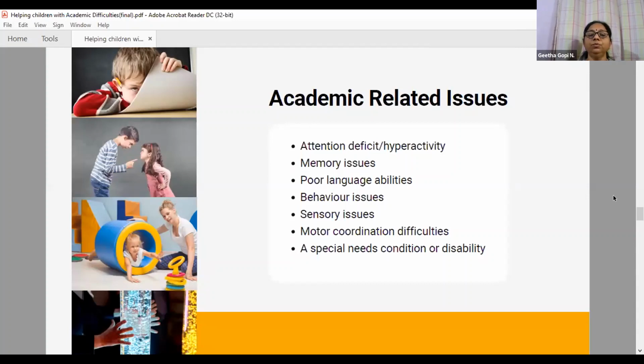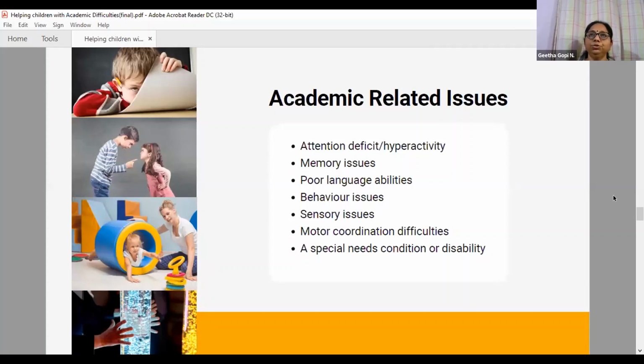So memory issues, being unable to retain and recall what they have learned over a period of time, is another related issue. Poor language abilities, that is, if they have trouble with receptive and expressive language, or any one or both, definitely most of our academic learning takes place via some medium of instruction, which is language based. So that adds to the problem.